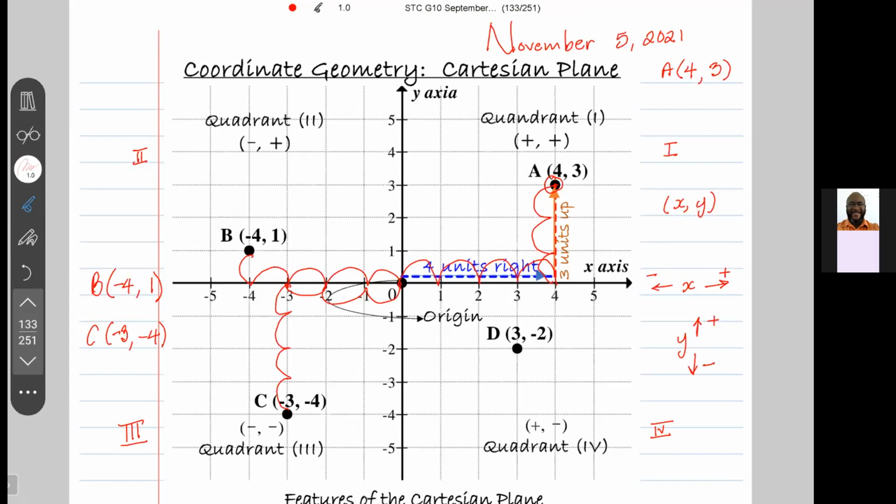type the points in the chat. Type the coordinates of the points in the chat. I'm going to put some points in, and I want you to type the coordinates of the point in the chat.